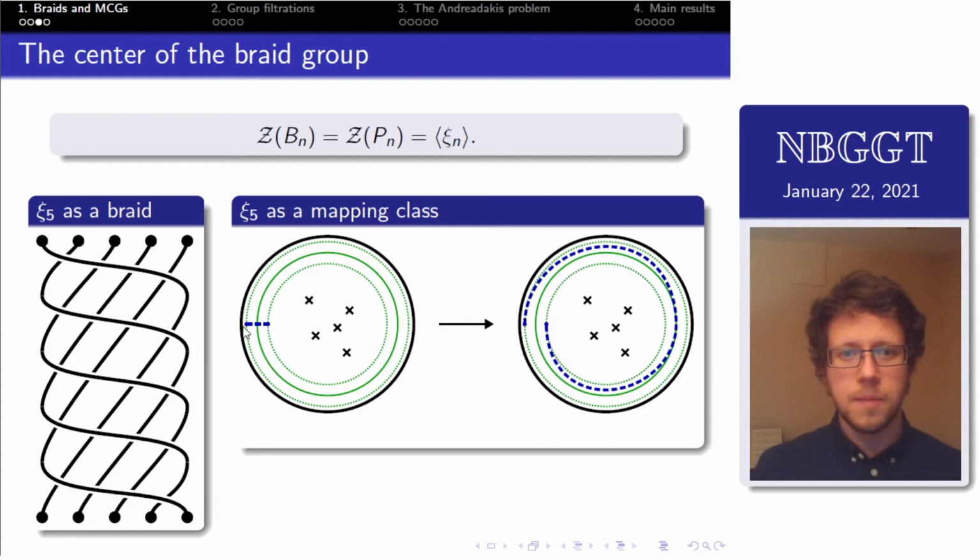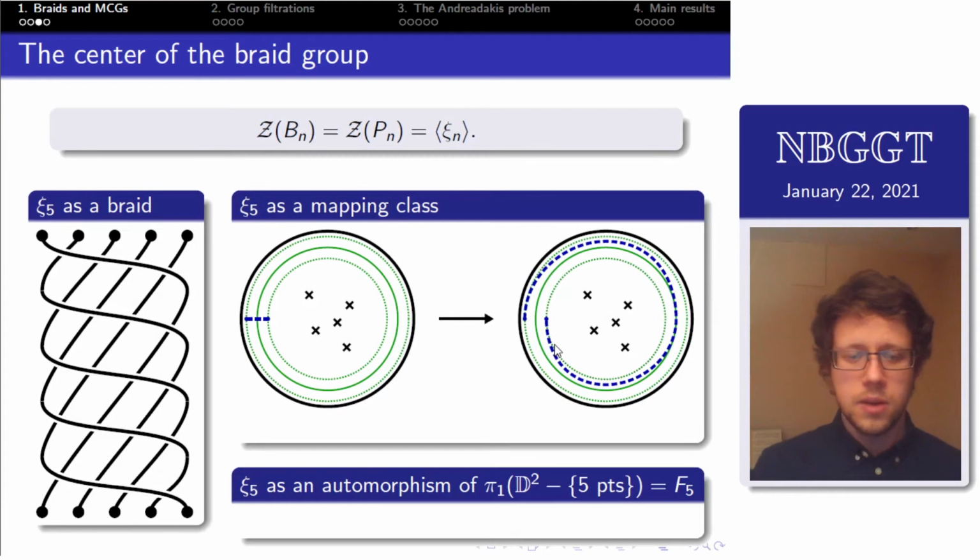So here we take the Dehn twist along a curve which is parallel to the boundary. So outside a tubular neighborhood of this green curve, it does the identity, and in this neighborhood, it does exactly what is drawn here on this blue curve. It twists.